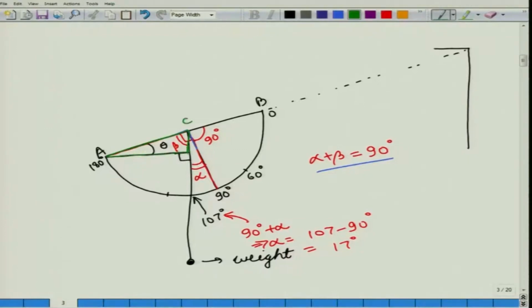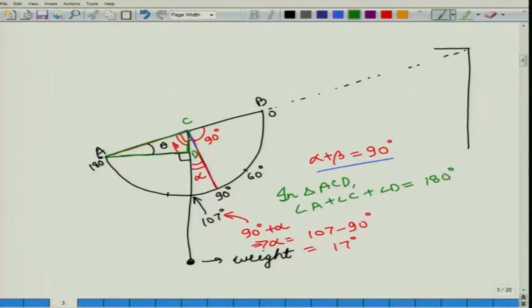So let us call it triangle ACD. So now in triangle ACD, angle A plus angle C plus angle D is equal to 180 degrees, because the sum of all three angles of a triangle is 180 degrees.